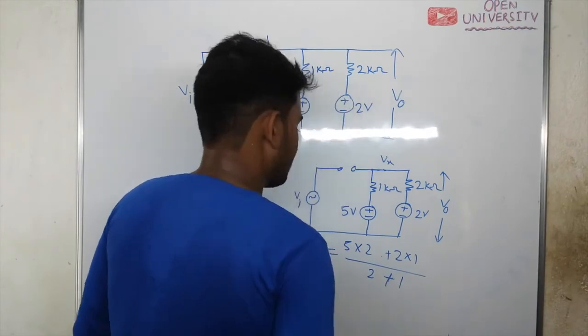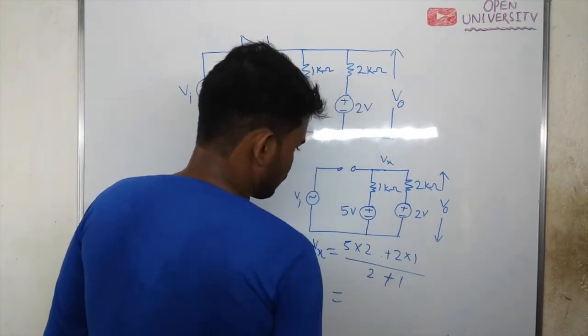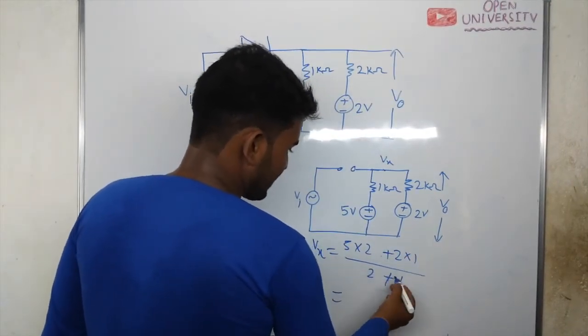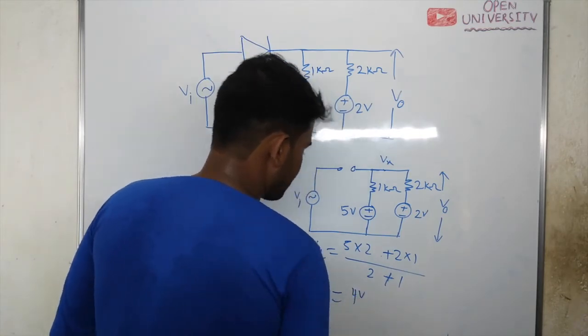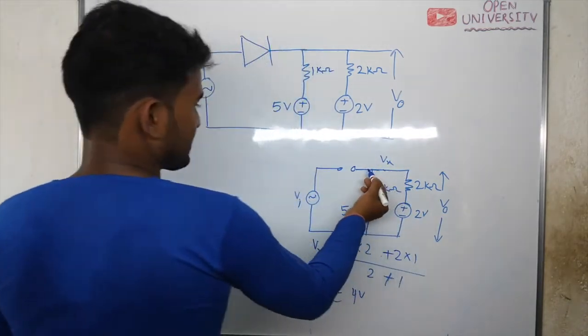So 10 plus 2, that is 12. 12 by 3, that is 4 volt. So your Vx is 4 volt. The voltage available at this point is 4 volt.